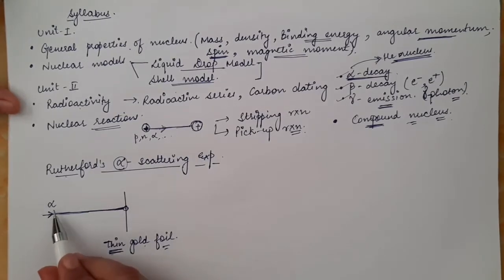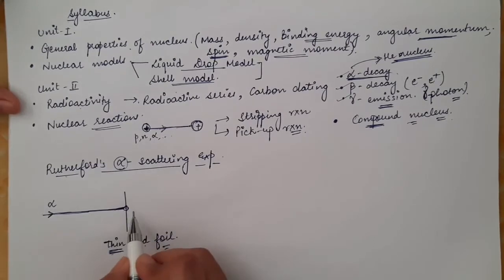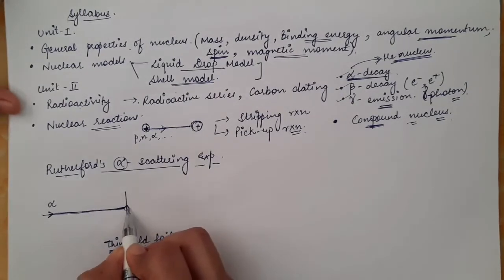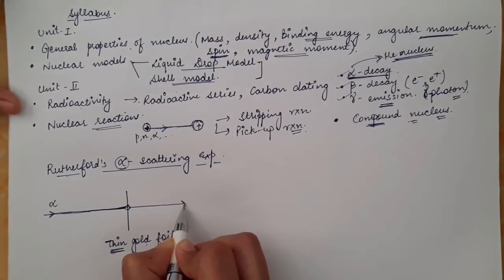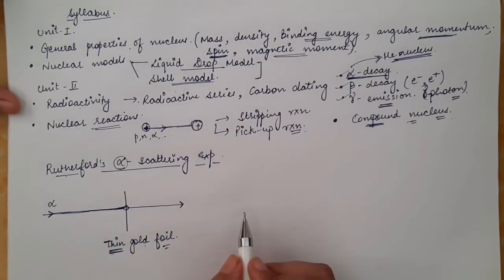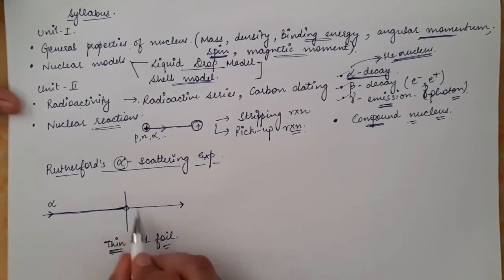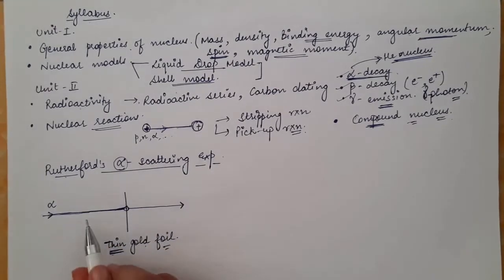When the alpha particles hit the atoms of the gold foil, they were scattered in all directions and were detected by a detector. Most of the alpha particles went unscattered, that is, they were not scattered by this collision.